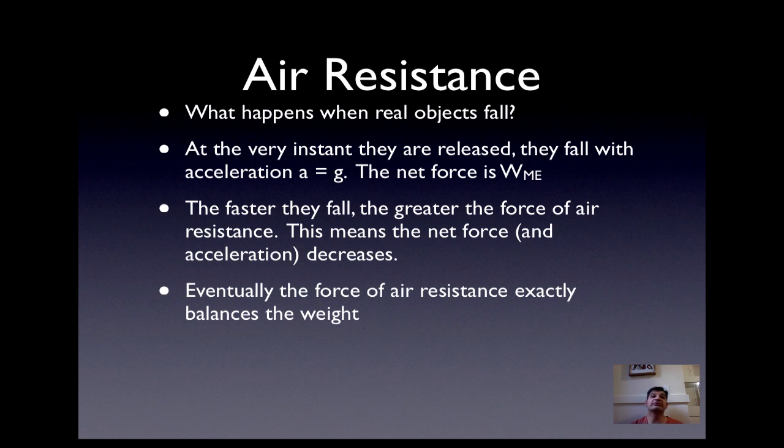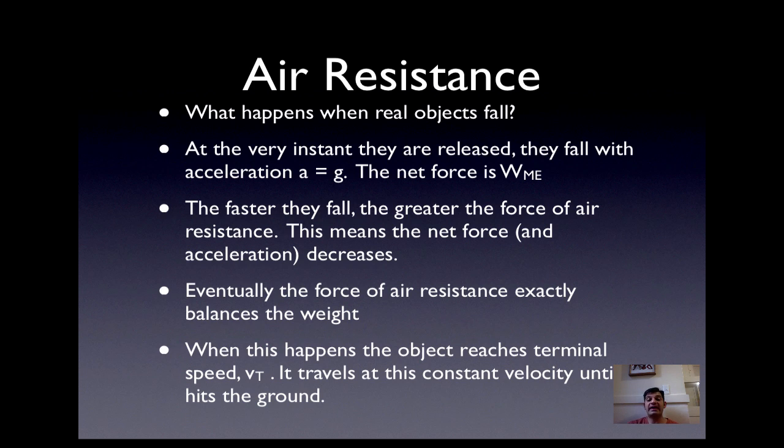Eventually, what's going to happen is you fall fast enough that your air resistance exactly balances the weight. So you go faster and faster, and your air resistance gets bigger and bigger until finally you reach a speed that is so high that your air resistance force exactly equals the weight of the object.